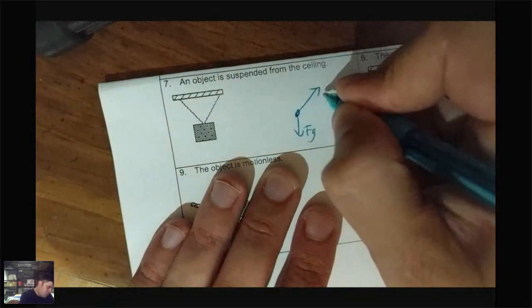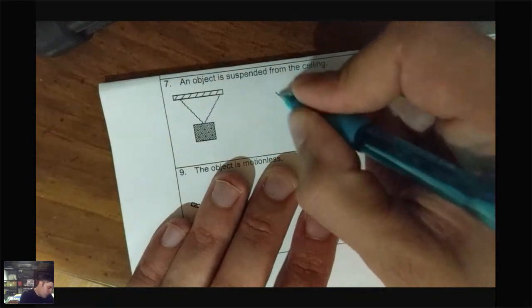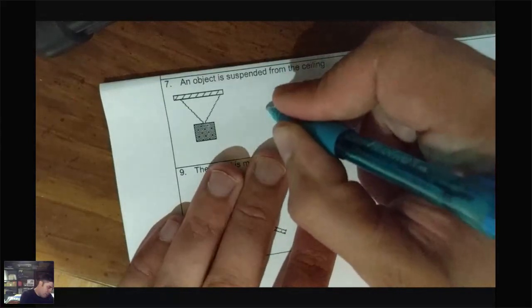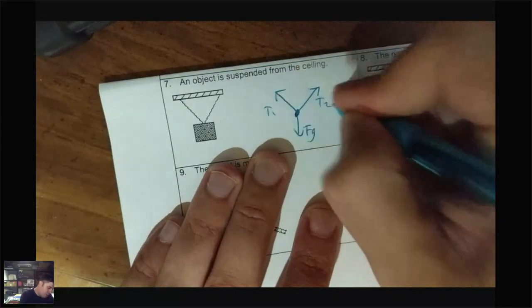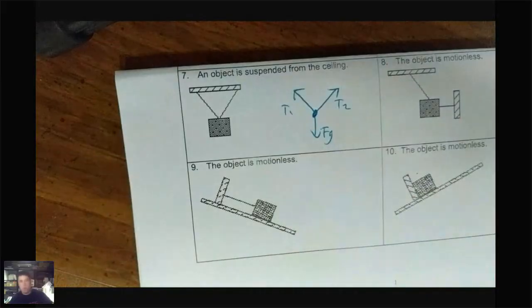And this is where you get to decide what we call each of these. I'm going to call one T1 and the other one T2 for tension rope 1, tension rope 2. But you can flip-flop those around or change it however else you want to. That's really up to you as far as which ones you choose.